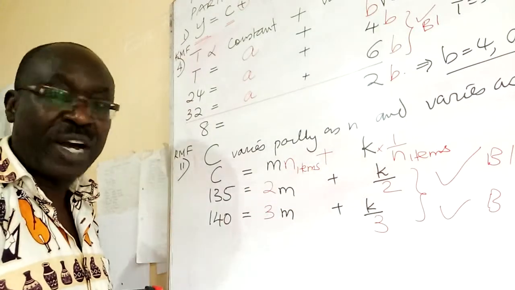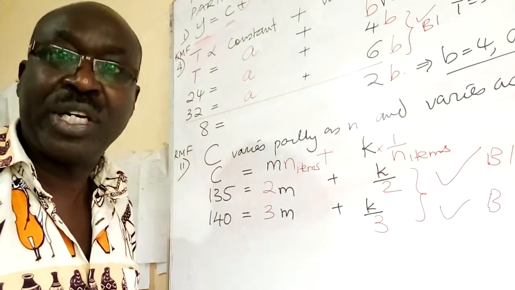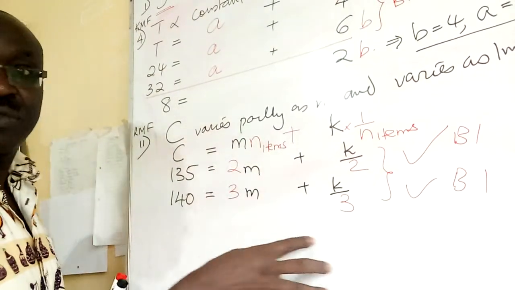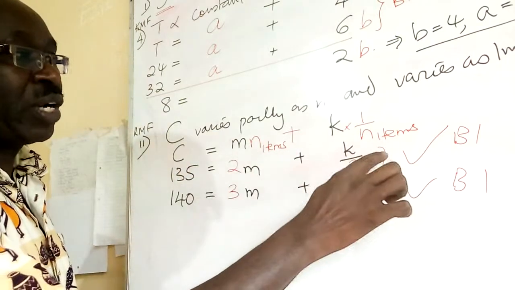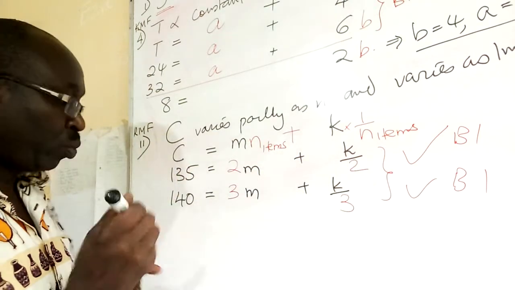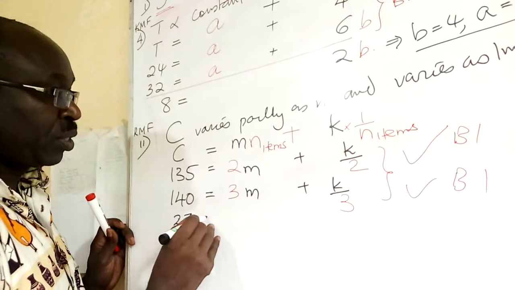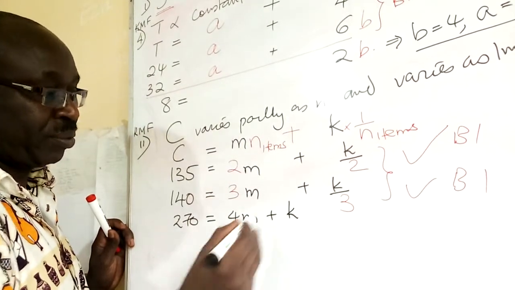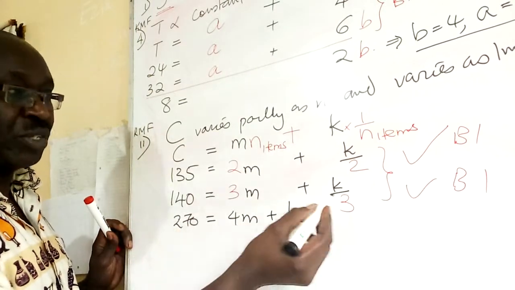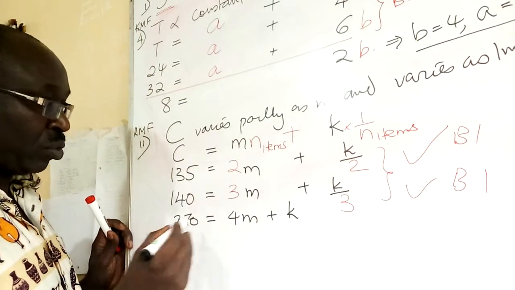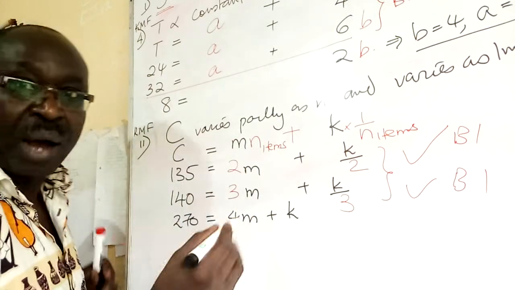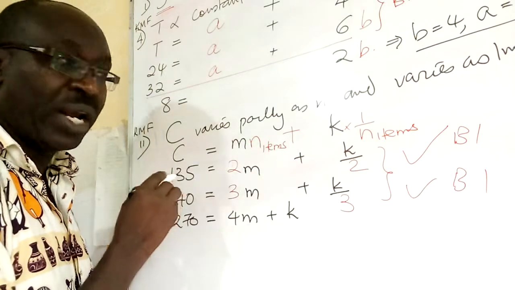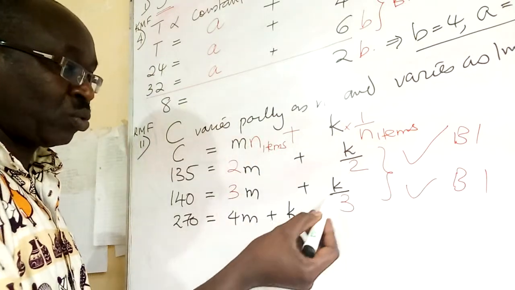We can simplify that. So the first one, we multiply everything by 2, which gives me 270 is equal to 4m plus k. And the second one is times 3. So 140 times 3. I'm trying to eliminate the fraction. From equation 1, I multiplied everything by 2.